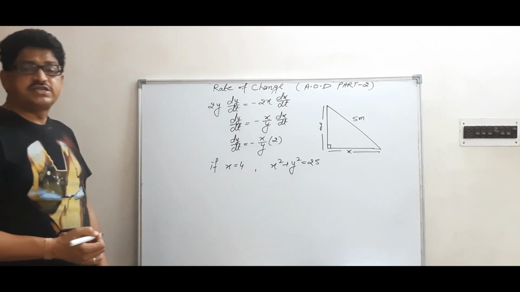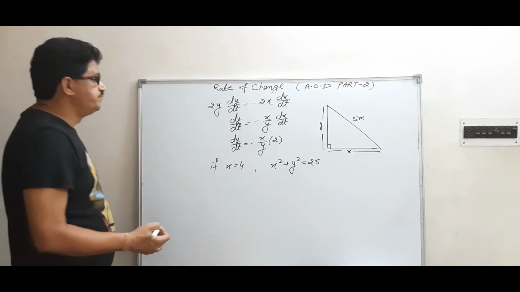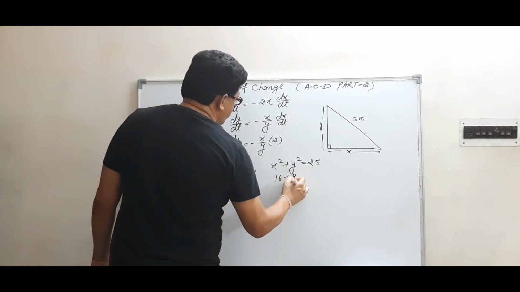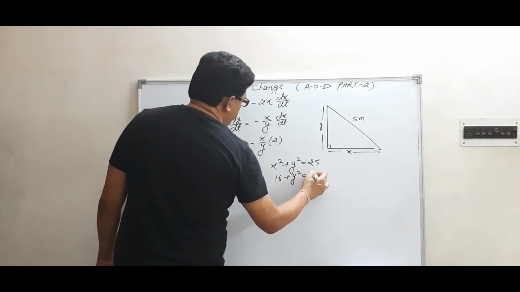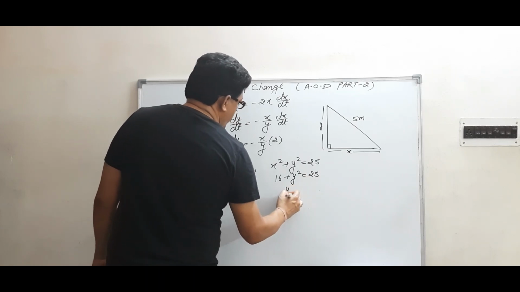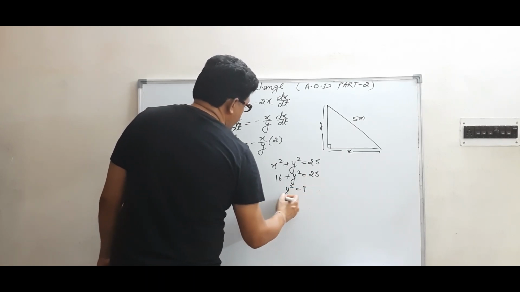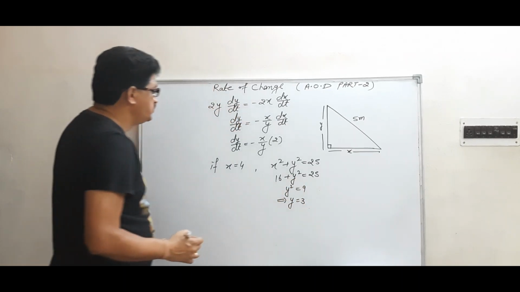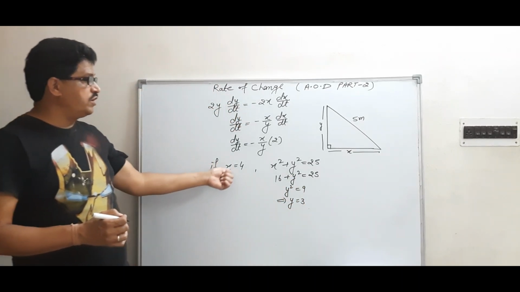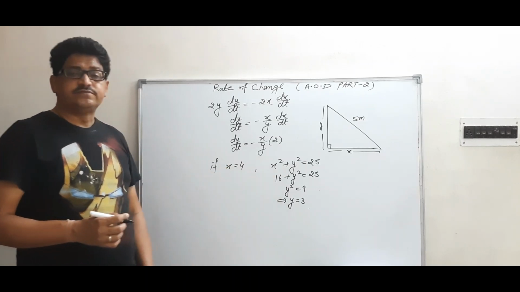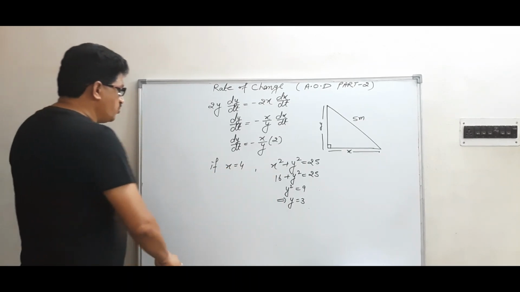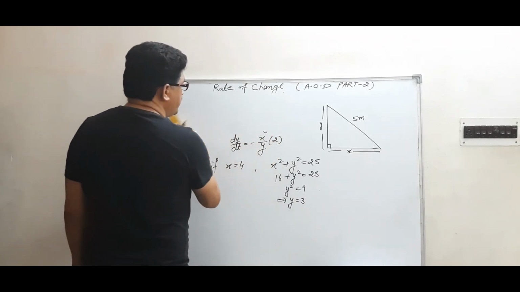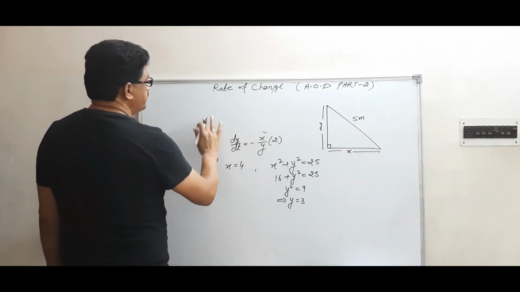X square plus y square 25. 16 plus y square is 25. Y square is equals to 9. So value of y is equals to 3. So when x is 4, value of y is 3. So now using x and y, we can find change in height dy by dt.